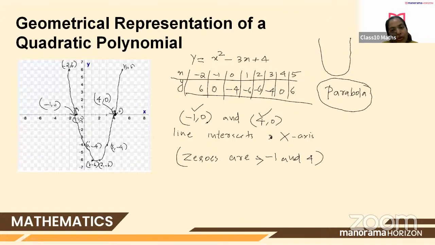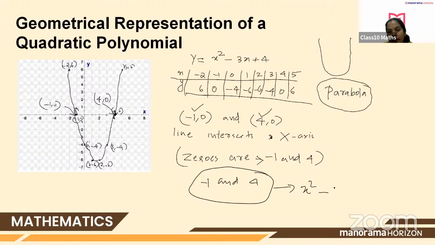The corresponding x coordinates are minus 1 and 4. So these are the zeros of the polynomial x squared minus 3x plus 4.